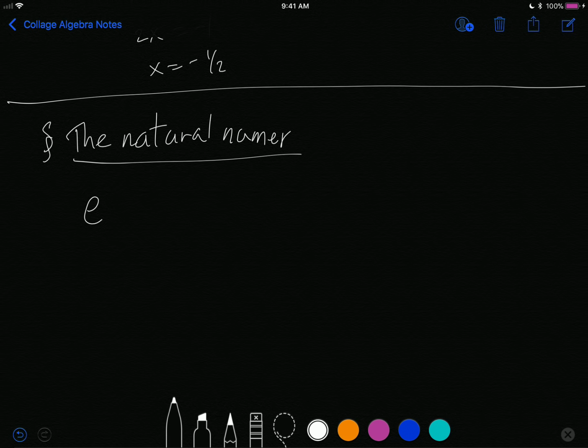It is an irrational number like the number pi. You know, pi goes on forever. 3.14 forever. The number e is 2.71828 and so on, going on forever.